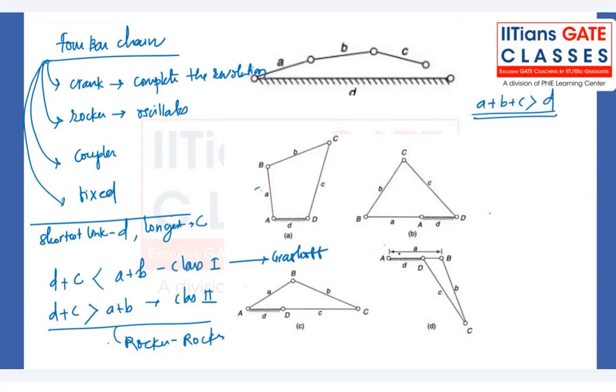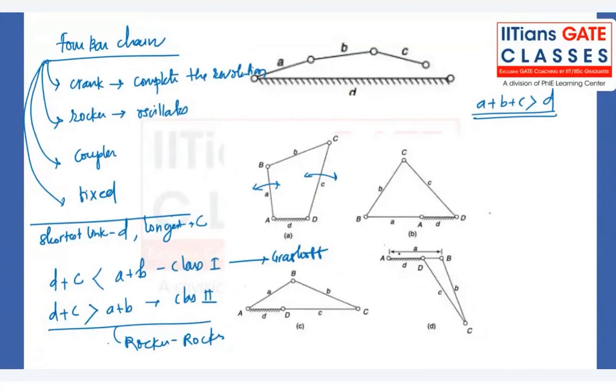None of them will have a complete rotation. In order to have a class 1 mechanism, or at least one revolving link, the length of the largest and shortest link should be less than the length of the other two.